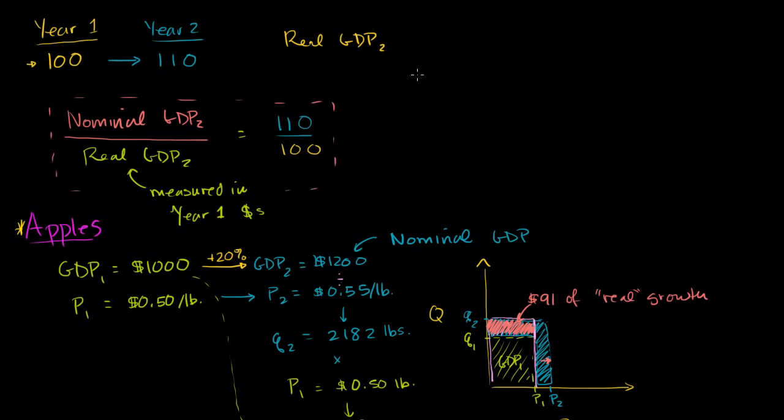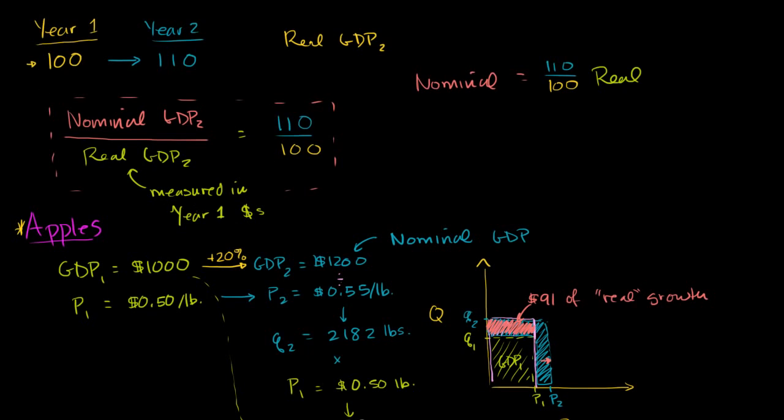So now we could say nominal GDP is equal to, we can multiply both sides times the real GDP, 110 over 100 times the real GDP. And remember, this is nominal GDP in year two. This is real GDP in year two, measured in year one dollars.